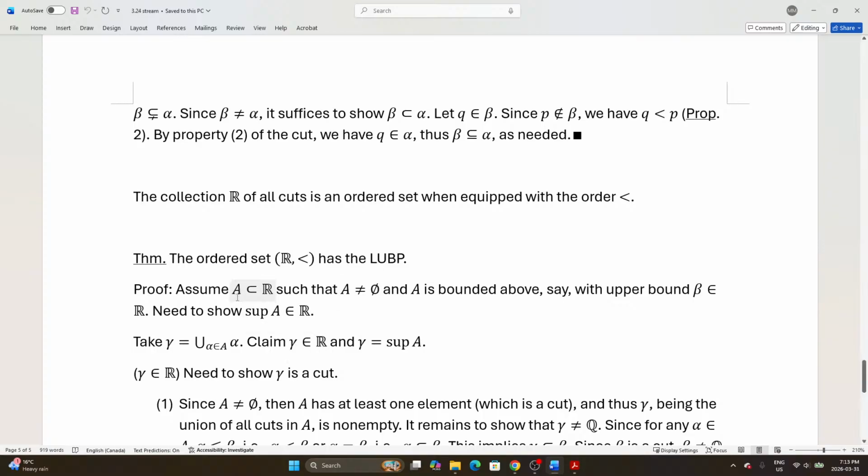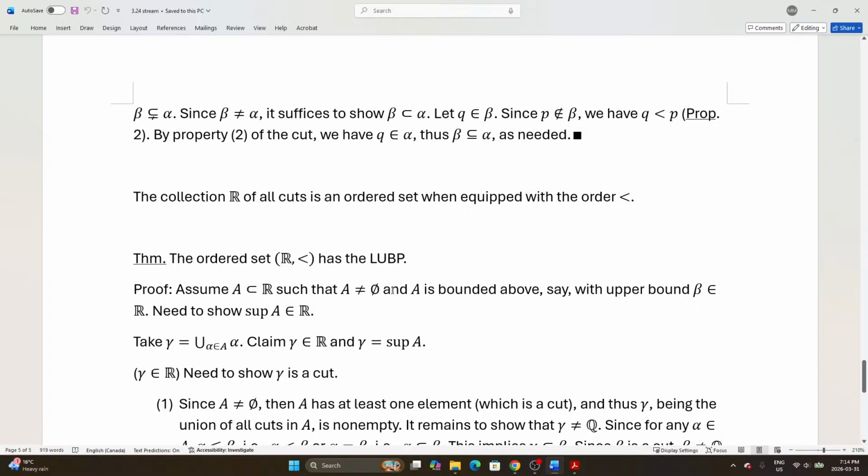That is, if we have a subset in R that is non-empty and bounded above, then it must have a supremum, also known as the least upper bound, and that least upper bound is also in R. So if we take a non-empty collection of cuts that is bounded above, namely has an upper bound, and by the way, the upper bound is understood according to the order relation between cuts, we have to be extremely consistent.